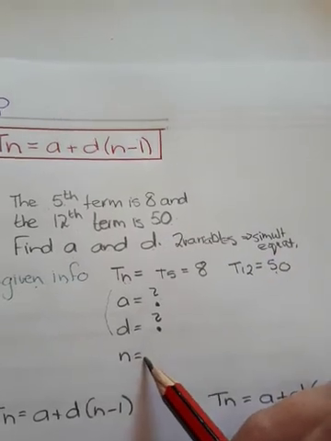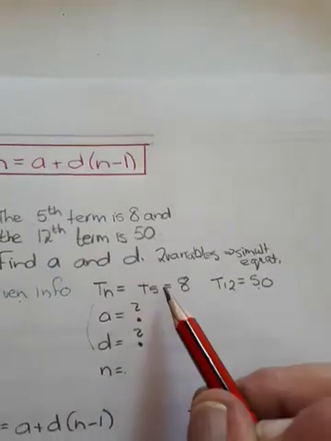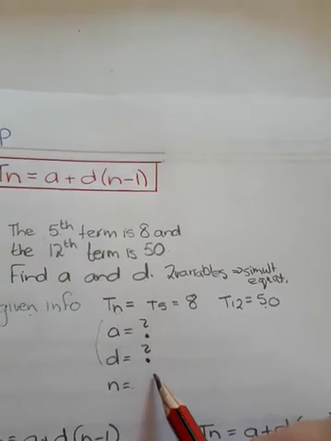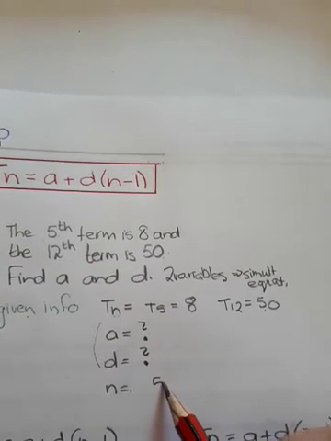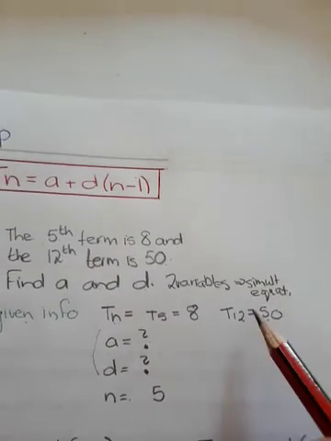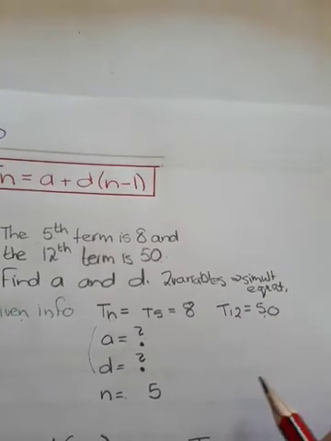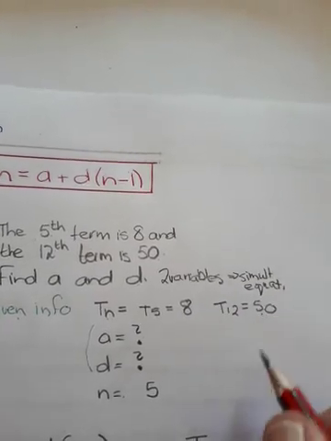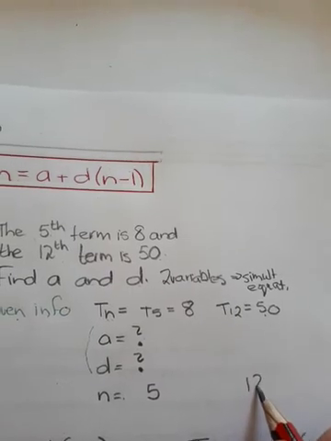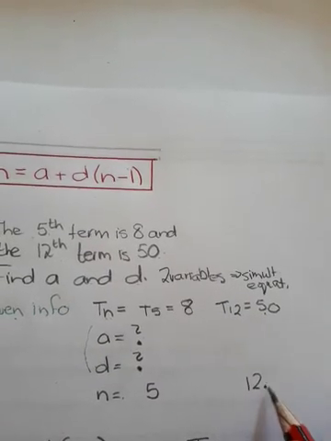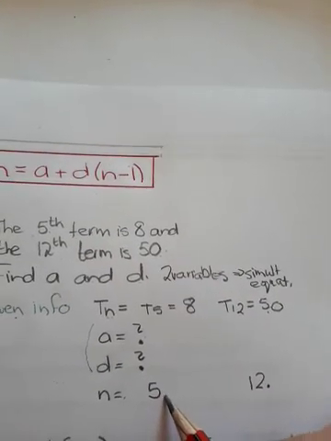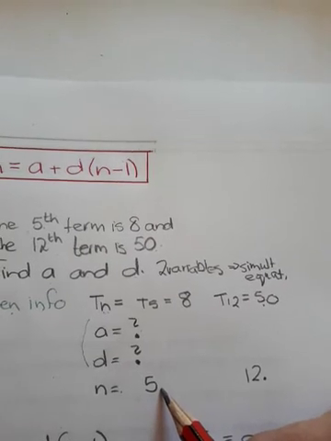Now N. Importantly, for 8, the position is 5, isn't it? And for 50, the position is 12. So that's the 12th position, and this one is the 5th position.